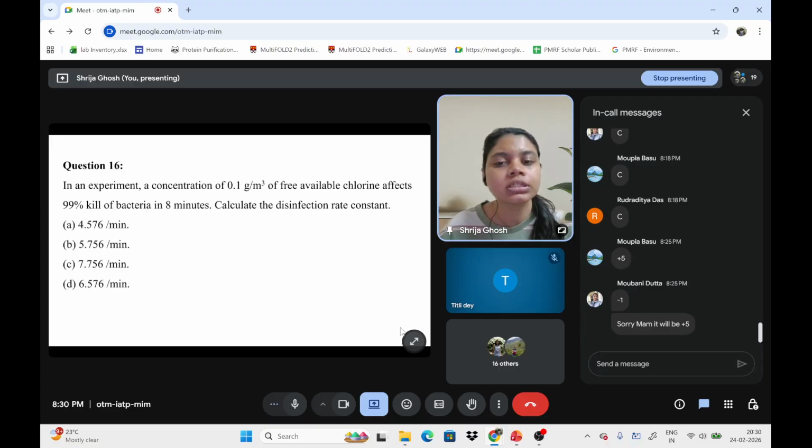You have to do the calculation here. Options are option A 4.576 per minute, option B 5.756 per minute, option C 7.756 per minute, and option D 6.576 per minute. Do this calculation if you know the formula and write your answers in the chat box.